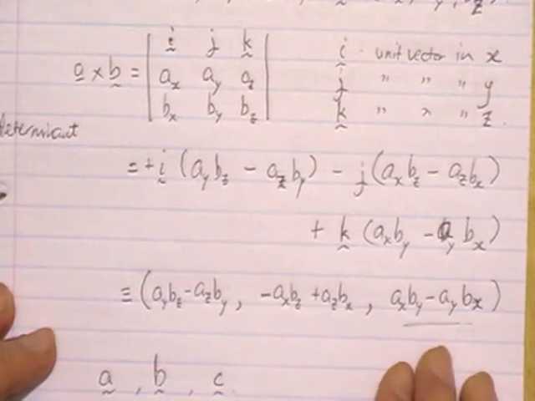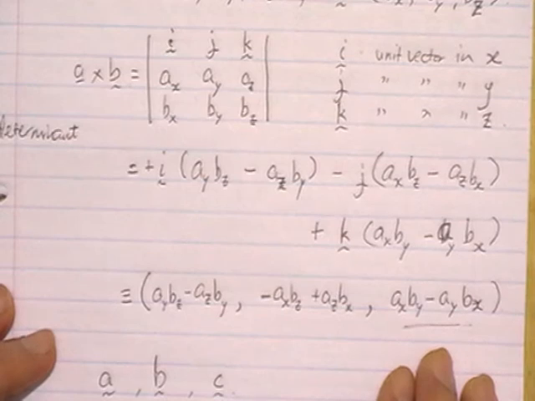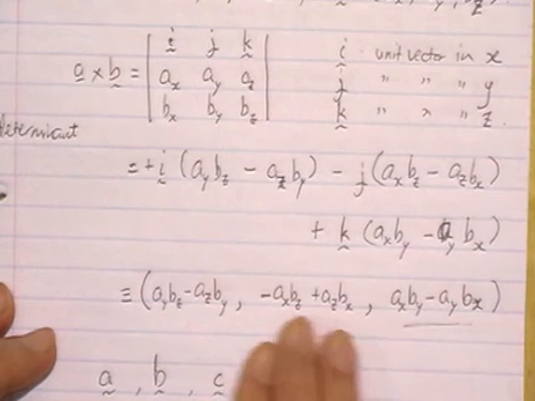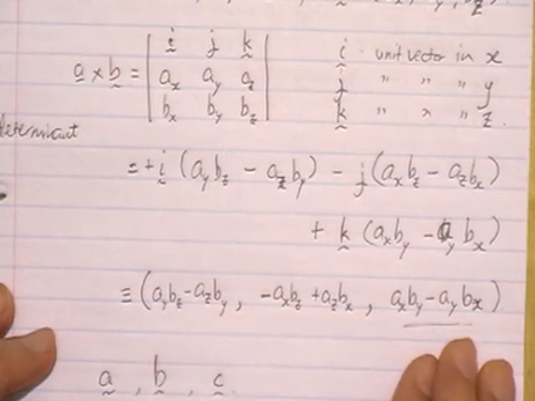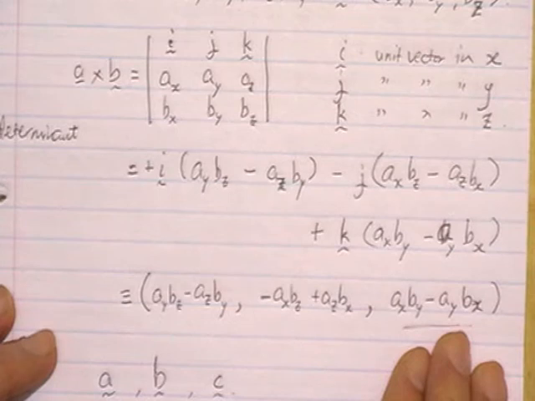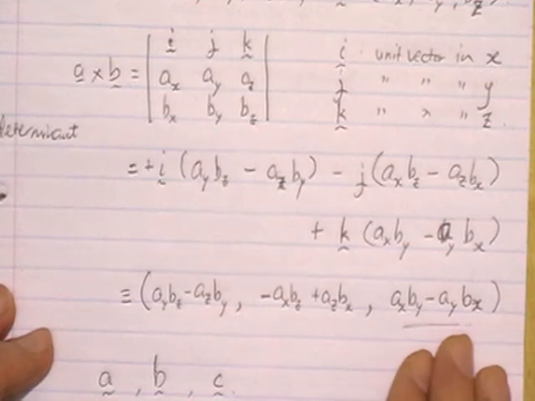And in the first part of the proof, we have shown that each of these components is equal to the area of the parallelogram if those two vectors are in that plane.